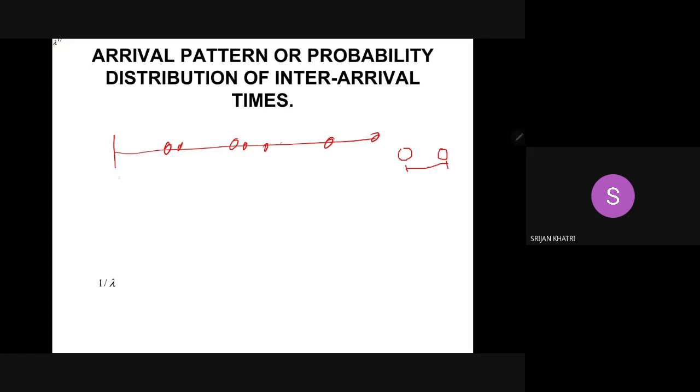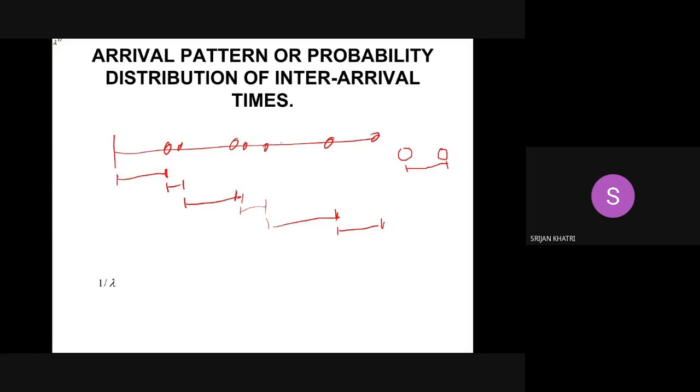So here, inter-arrival time, this is a random variable, and you know that random variables are characterized by the probability distribution. So next, the probability distribution of inter-arrival time.